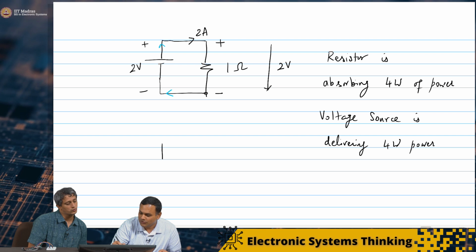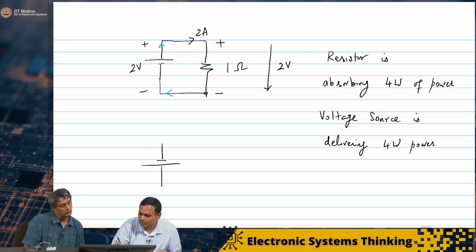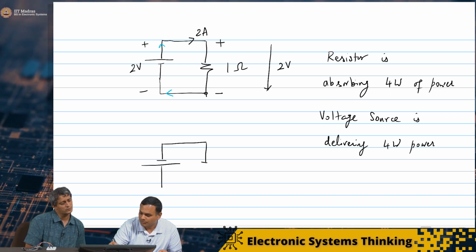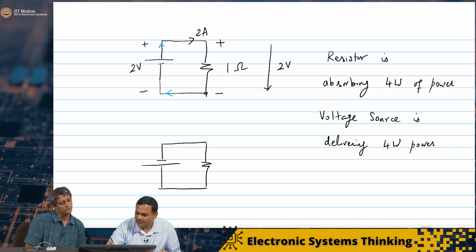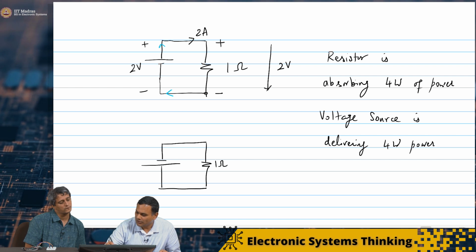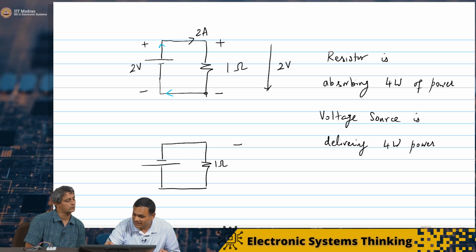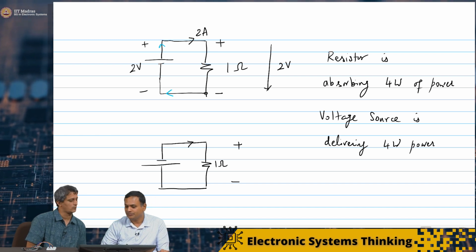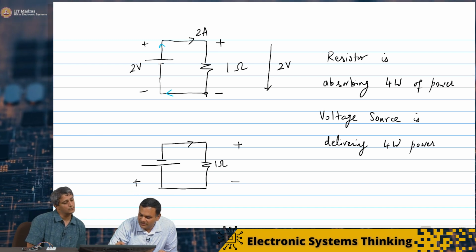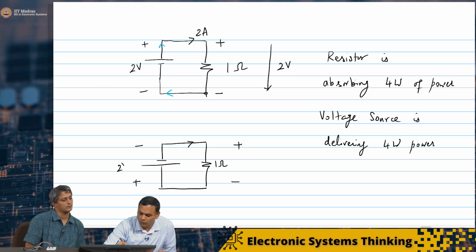So suppose I were to reverse the battery. This is still a 1 ohm resistor. In my convention, I said that this is positive and the current is entering here. But we know that this voltage source is a 2-volt battery.